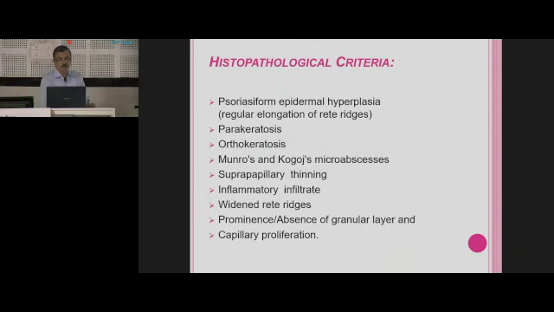The histopathological criteria based on which we can analyze our biopsy are: psoriasiform epidermal hyperplasia with regular elongation of rete ridges, parakeratosis, orthokeratosis, Munro's and Kogoj's microabscesses, suprapapillary thinning, inflammatory infiltrate, widened rete ridges, prominence or absence of the granular layer, and capillary proliferation in the papillary dermis.